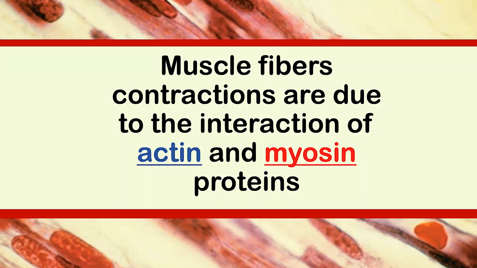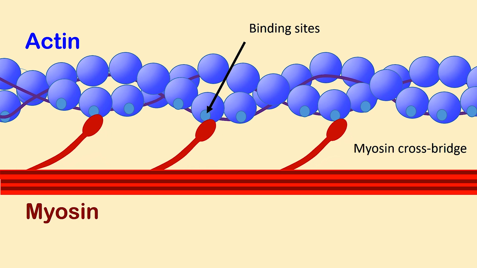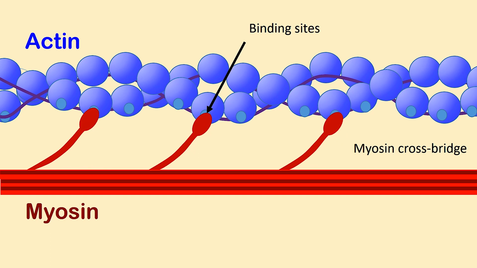Also, as a reminder about muscle fibers, muscle fiber contractions are due to the interaction of actin and myosin proteins. During muscle contractions, myosin cross bridges will bind to the actin microfilaments. In the process, they'll spend ATP, and this pulling of the myosin cross bridges is really what causes the muscle fibers to contract.